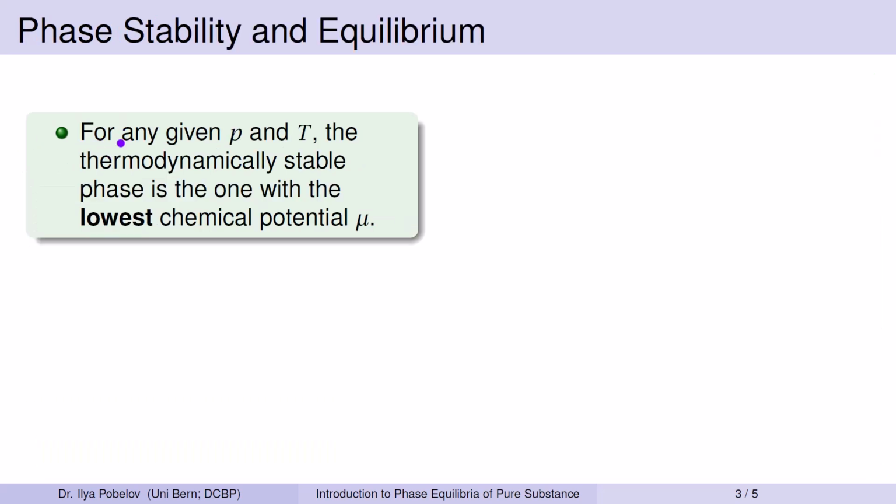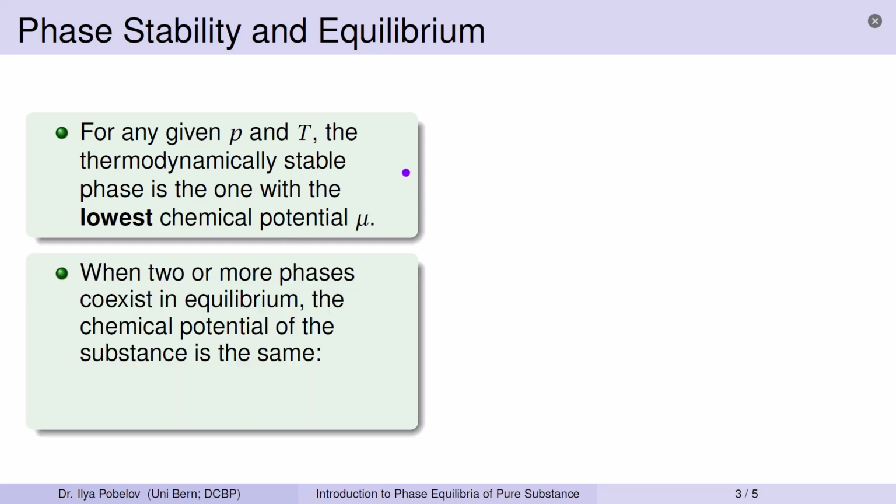For any given pressure and temperature, the thermodynamically stable phase is the one with the lowest chemical potential. This insight is rooted in our understanding of chemical potential and reflects the system's natural tendency to minimize its Gibbs energy.